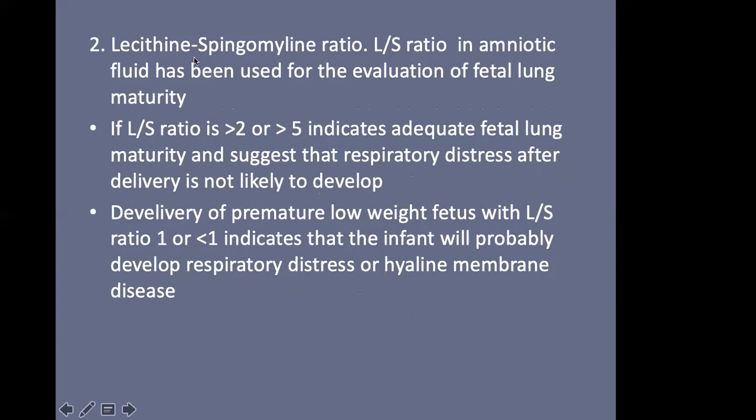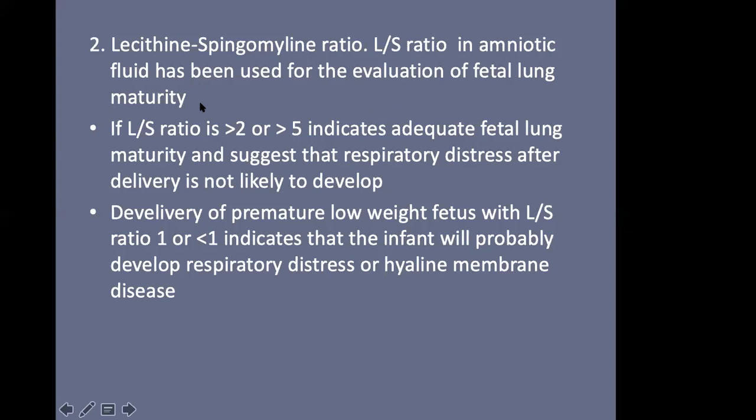Now, there are ratios which help us in describing whether the lung maturity is okay or not. That ratio is the lecithin to sphingomyelin ratio. The lecithin to sphingomyelin ratio in amniotic fluid has been used for the evaluation of fetal lung maturity.